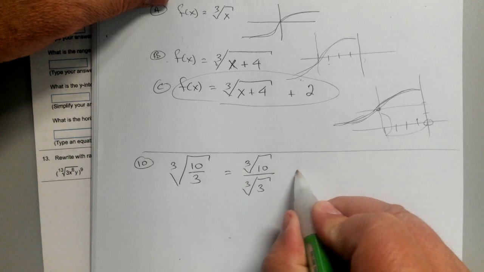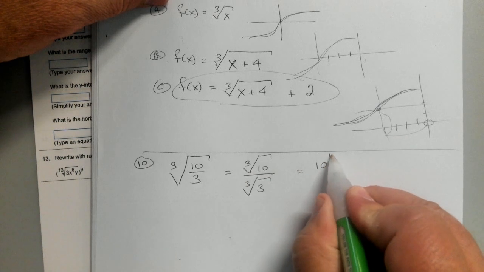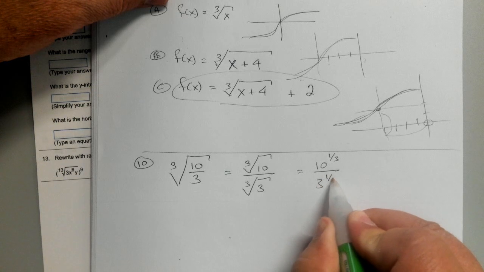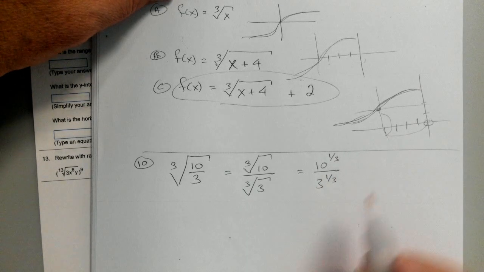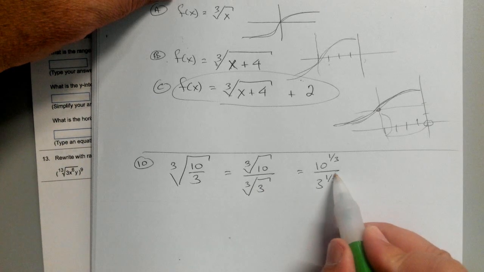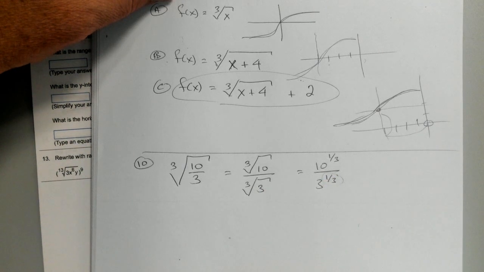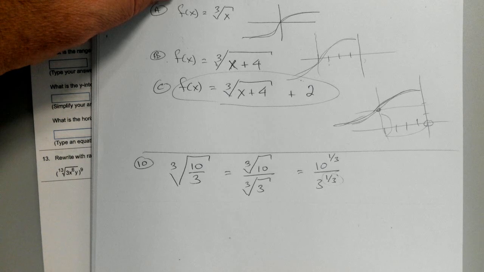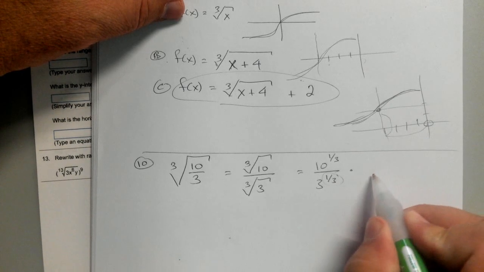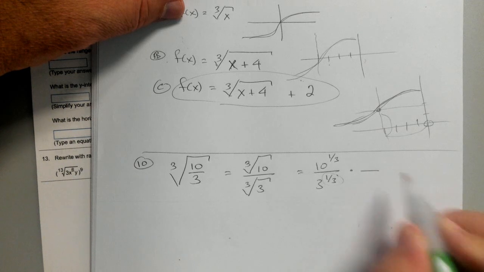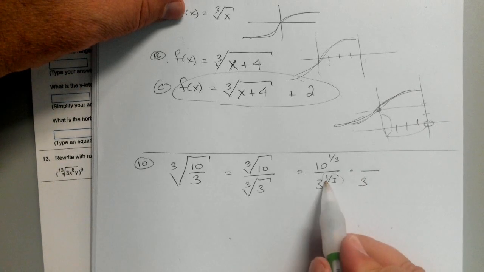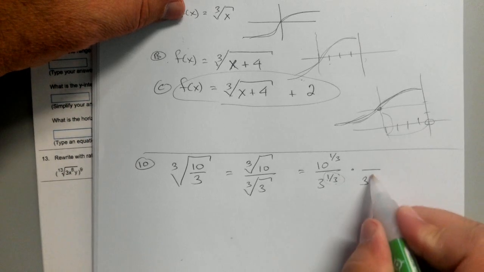You can leave it that way, or you can convert it to exponents. In other words, we need to have an exponent of 1 on the bottom. What does it need to get an exponent of 1? We have 1 three, how many more do we need? We need 2 more.